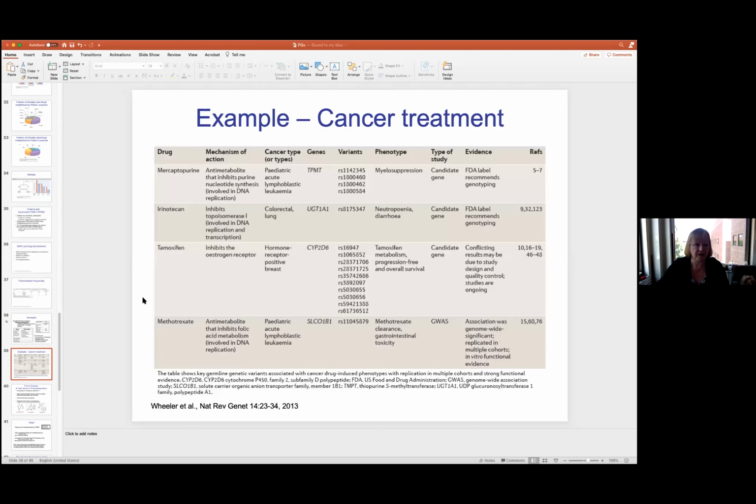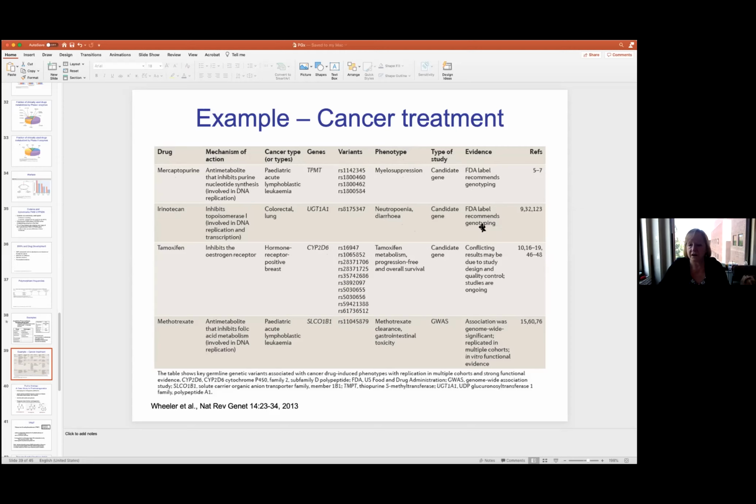We have different cancer treatments where this is just here as an FYI. The idea is that these are the 4 biggest cancer drugs for which we know that variants in genes used to process them can end up with quite a lot of adverse phenotypes. So myelosuppression, and the FDA label recommends genotyping.